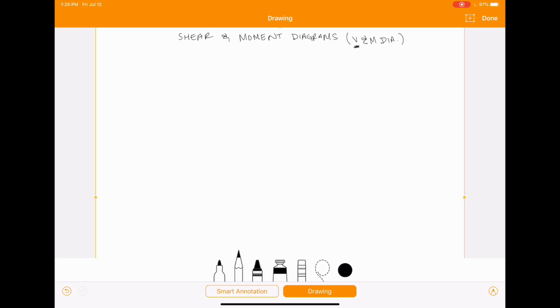The V is often associated with shear, and M is always associated with moment. So let's first start off by talking about what shear and moment diagrams are. Shear and moment diagrams graph the change in shear or moment over the length of a beam.